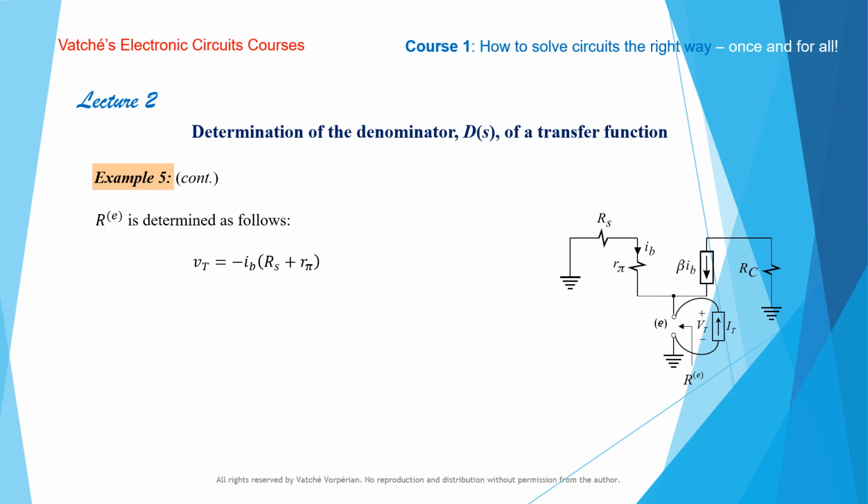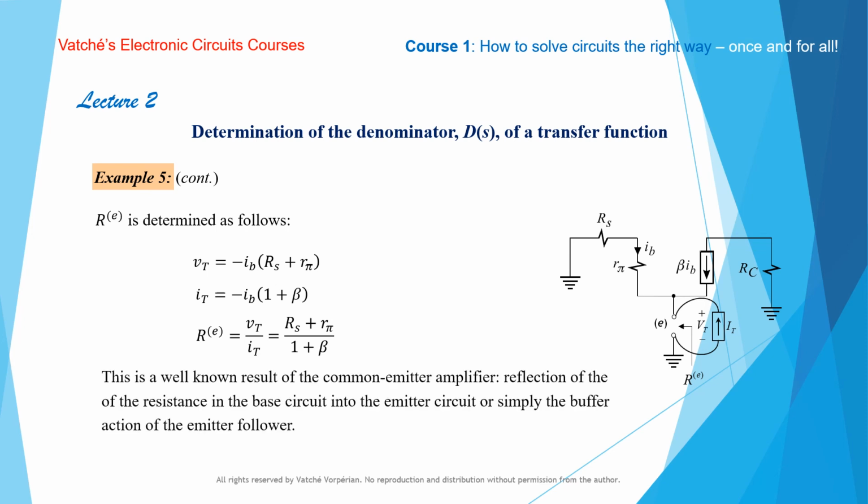Therefore, we can write Vt is equal to minus Ib times Rs plus R pi. We also know that the test current is the sum of the base current and the collector current, so it equals minus Ib times 1 plus beta. Dividing the two, Vt over It, yields R super little e, and that is Rs plus R pi divided by 1 plus beta.